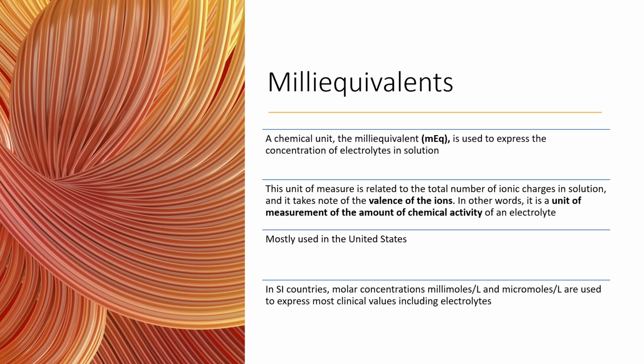milliequivalents. The chemical unit milliequivalent is used to express the concentrations of electrolytes in solutions. This is different from grams, in which you describe the weight of a substance. This is a unit of measure that is related to the total ionic charges in the solution and takes note of the valence of the ions, meaning it's more of a unit of chemical activity of an electrolyte.